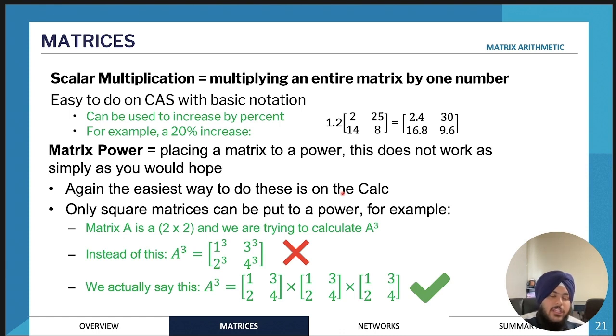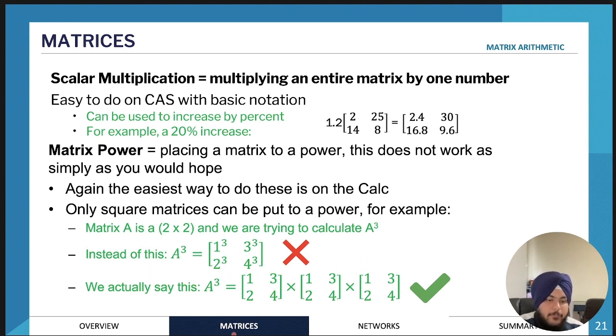Then another thing that you need to know is matrix powers. You probably won't see this very often, but just in case, if we're putting a matrix to a power, for example A to the power of 2 or A to the power of 3, it's not as simple as putting all the elements to the power of 3.